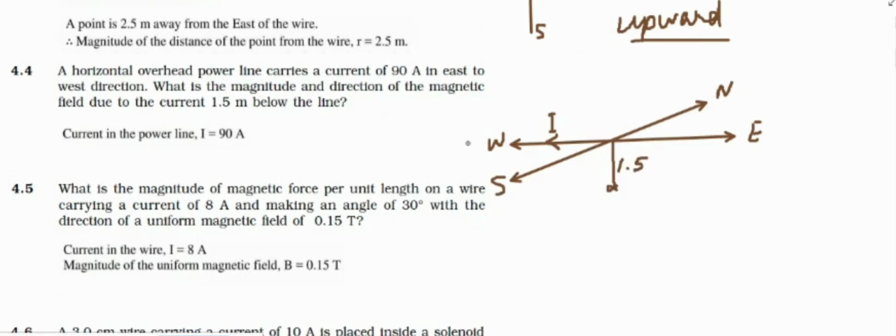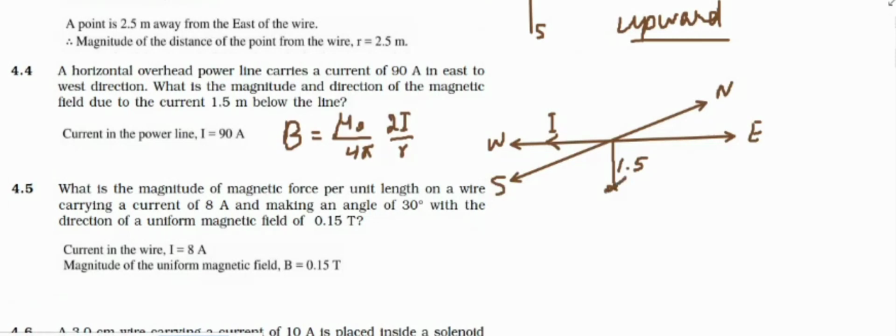Again, you can see the formula will be the same: B equals mu naught by 4 pi, 2I by R. Then you can apply the right hand thumb rule. So if you take the axis like this, then you will get the answer here.